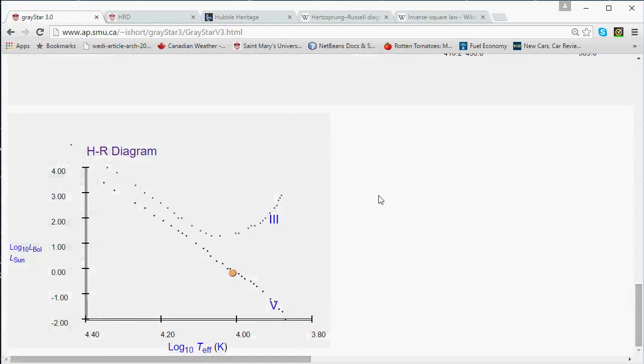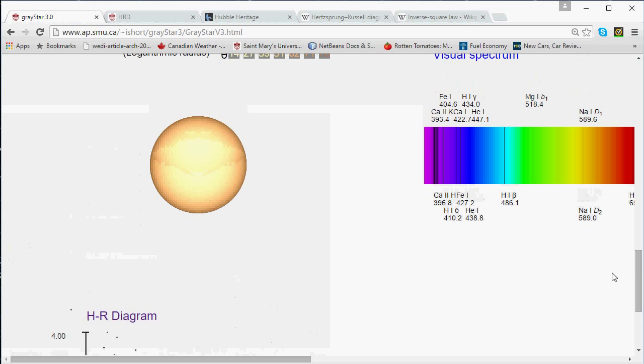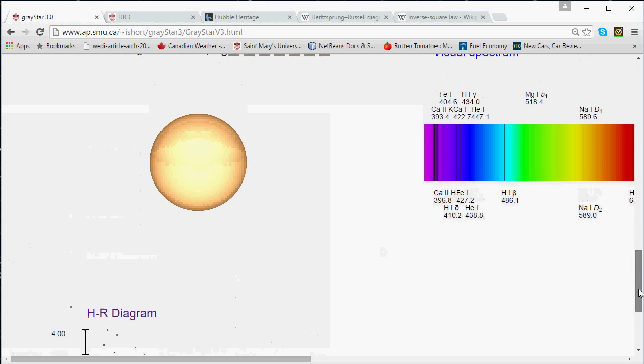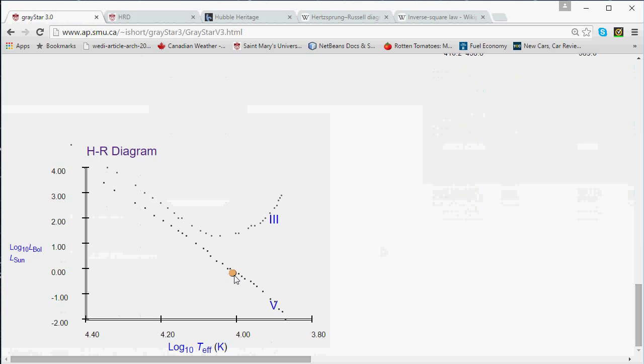So this is the diagram that we're going to be talking about today, and what's more, grayStar 3 actually plots up the star that it's simulating in this simple HR diagram. Of course, remember that by default, when grayStar 3 first loads, it is simulating the sun. That's the sun that we're modeling here. And so what grayStar 3 is doing is plotting up a simulation of the sun in this little simple HR diagram.